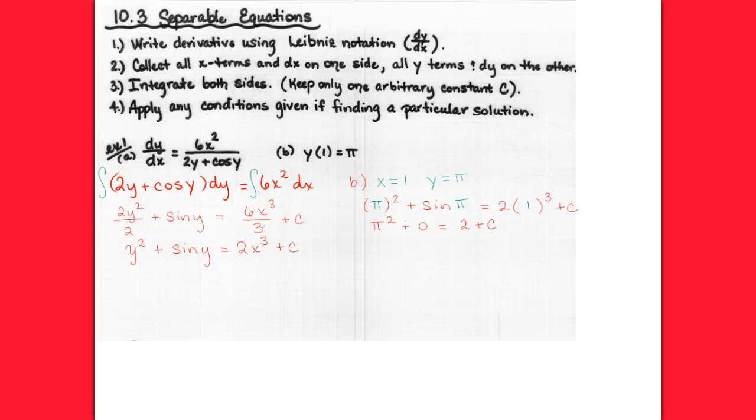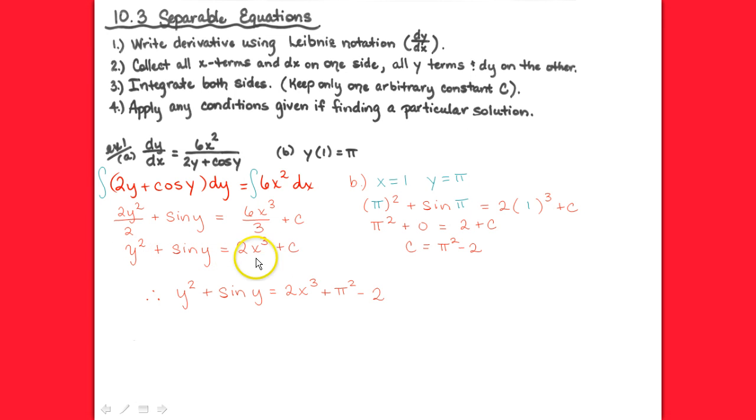So I'll have pi squared plus 0 is equal to 2 plus c. Subtract that 2 from both sides, and c is pi squared minus 2. So let's come down here to the solution that we had and replace c with what we just found, pi squared minus 2. So there's our solution.